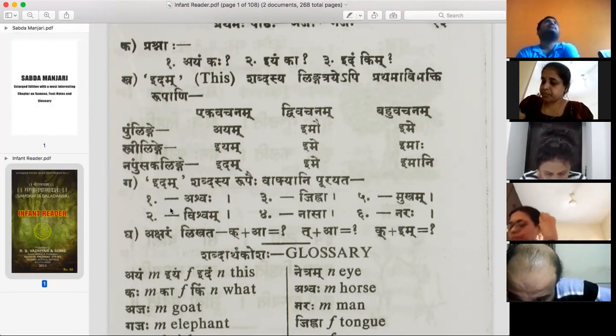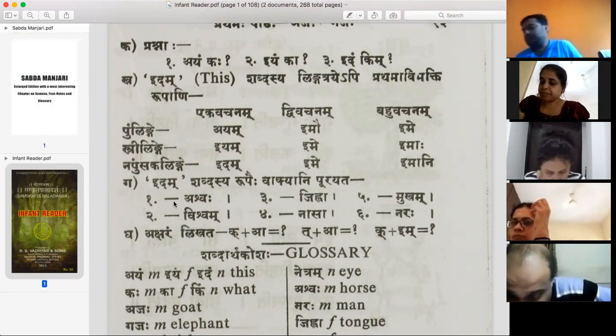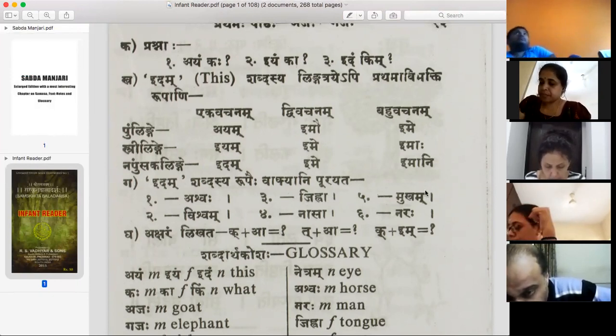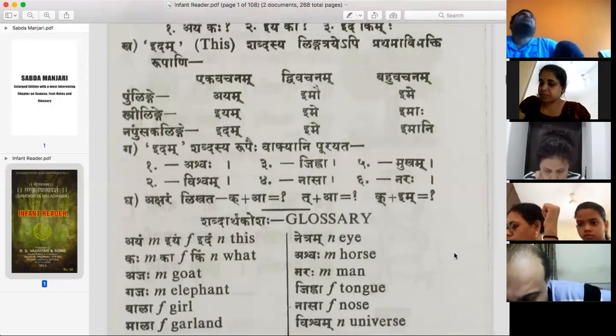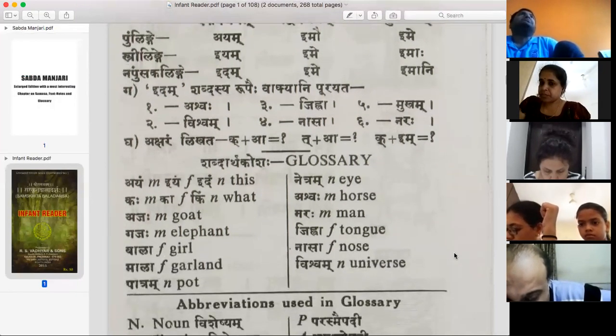So he is just testing you if you understand how to use the appropriate gender. So he has given ashvaha. Then you have to put the appropriate gender. Idam masculine or feminine or plural. Jihva, put the appropriate gender. Mukham, put the appropriate gender of idam. Vishwam, put the appropriate gender of idam. Nasa, naraha. So this is what is being pointed out here.